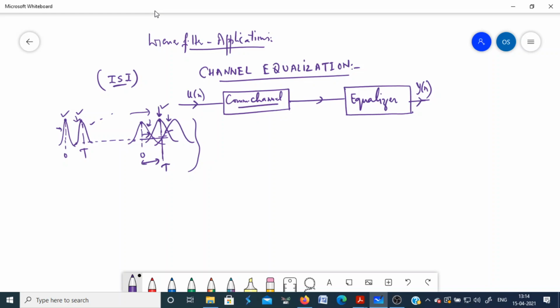The purpose of the equalizer is to equalize the effect of the channel so that this yn is the same as the transmitted sequence un.